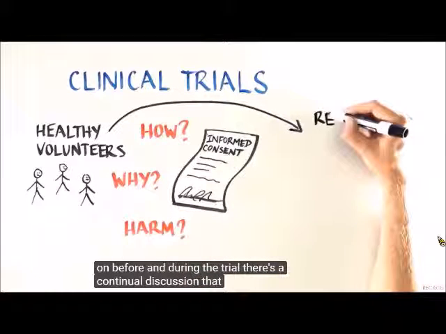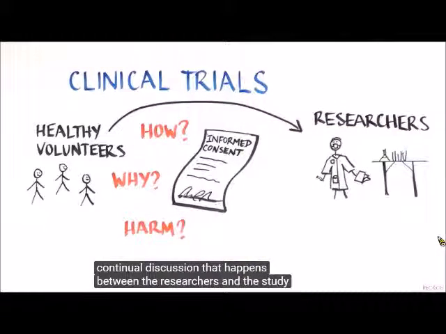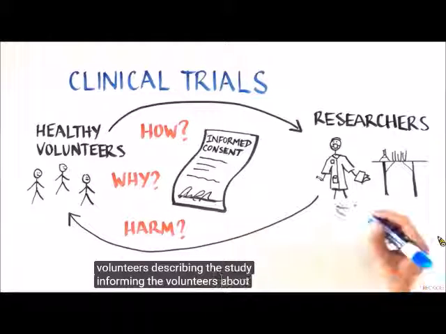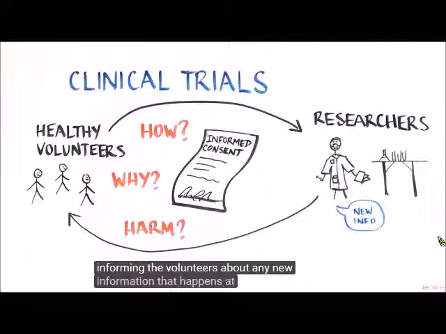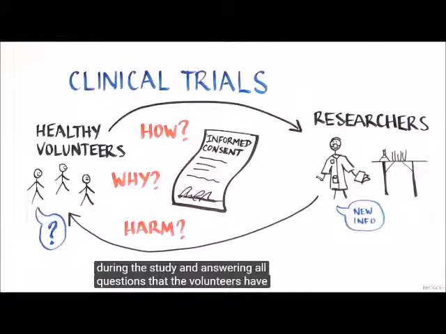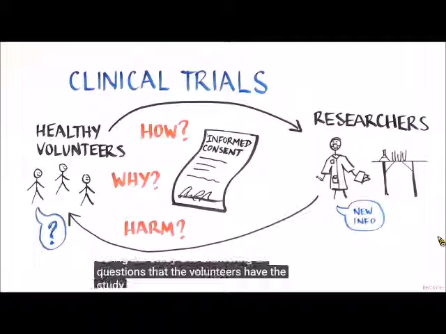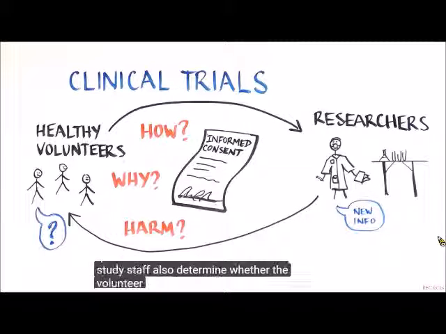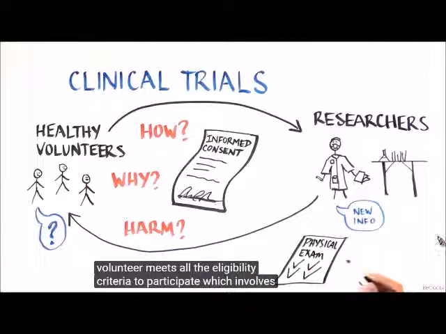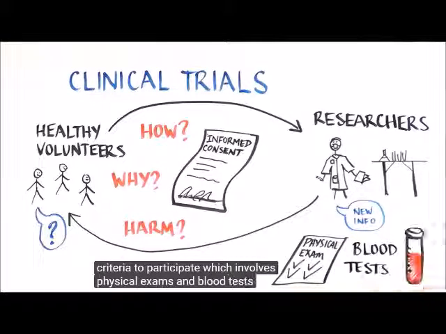There's a continual discussion that happens between the researchers and the study volunteers, describing the study, informing the volunteers about any new information that happens at any time during the study, and answering all questions that the volunteers have. The study staff also determine whether the volunteer meets all eligibility criteria to participate, which involves physical exams and blood tests.